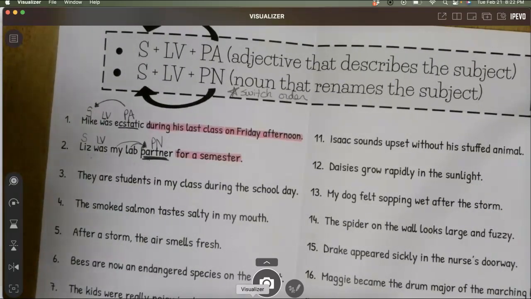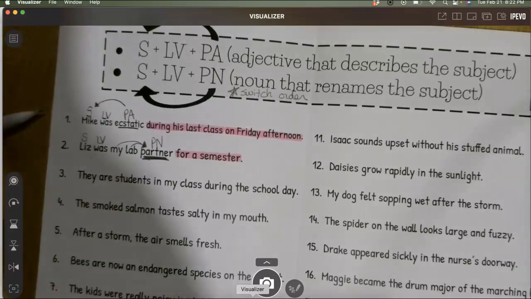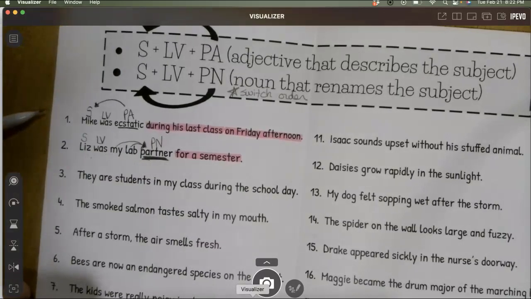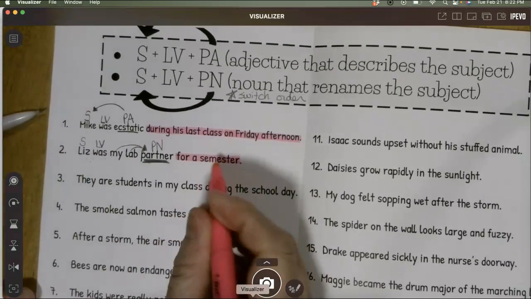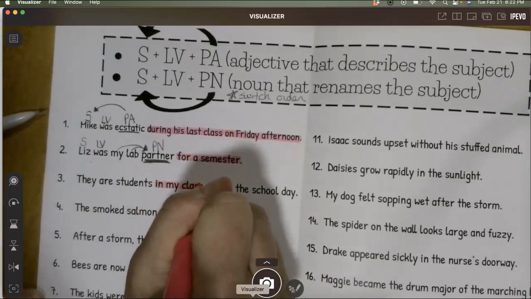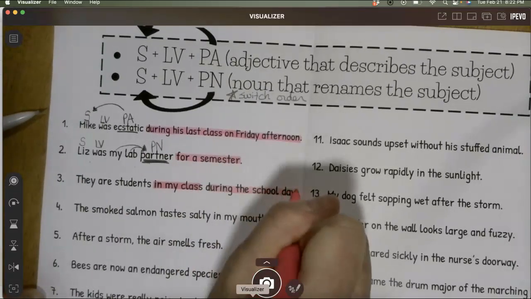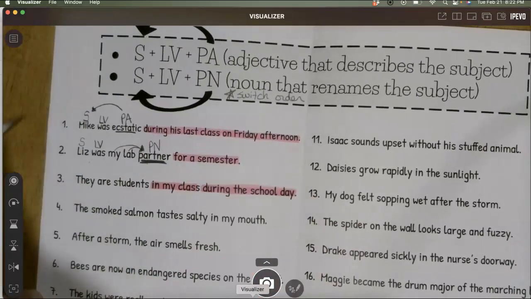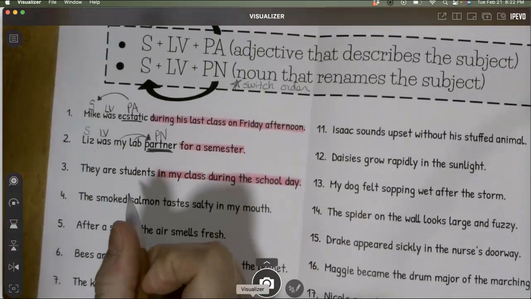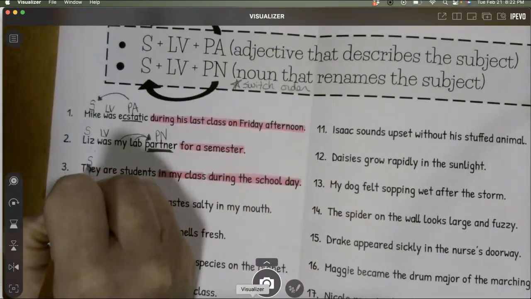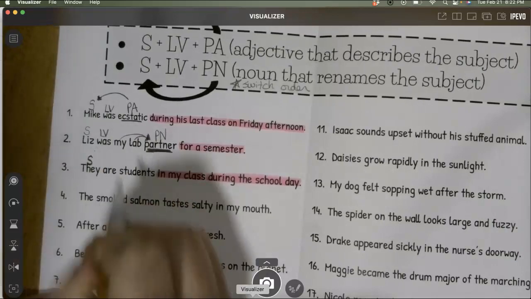All right, why don't you go try number 3, pause the screencast and go check it out. When you're done, come back and check your answer. They are students in my class during the school day. So I see in my class, during the school day. So who is the sentence about? They. The pronoun they describes who the sentence is about.